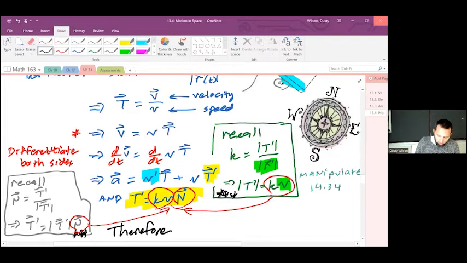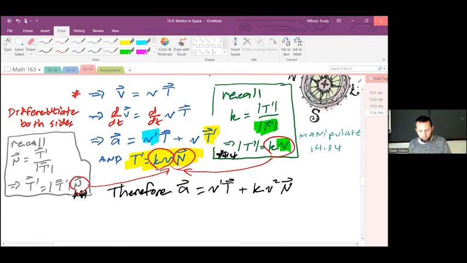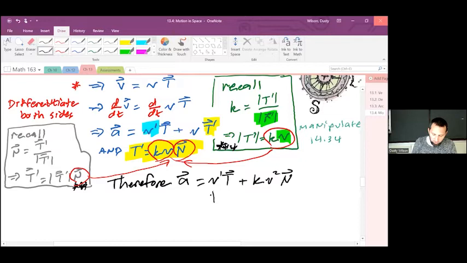Therefore, we're going to get that a is equal to the speed derivative times the unit tangent vector plus kappa, now it's the speed squared, times the N vector. And here we give these things special names. We give the derivative of the speed function the name a sub T, or the tangential component of acceleration, and we give kappa speed squared the name a sub N, or the normal component of acceleration.